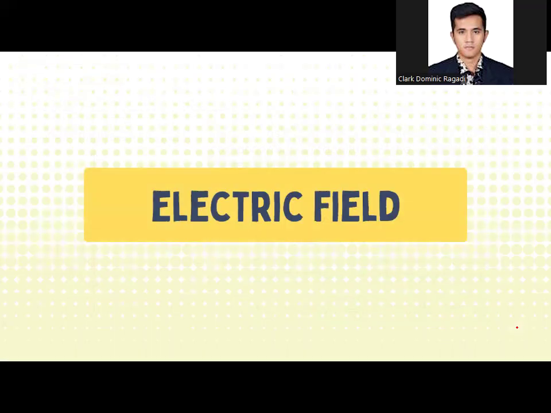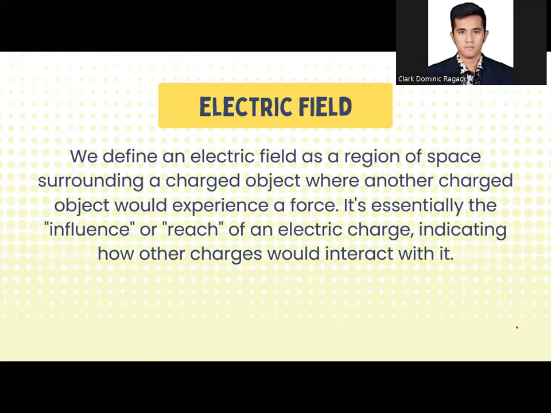So what are electric fields? Let's define these terms. We define an electric field as a region of space surrounding a charged object where another charged object would experience a force. It's essentially the influence or reach of an electric charge, indicating how other charges would interact with it. So actually, an electric field is an imaginary field in which if you put a test charge there, it would feel a force.